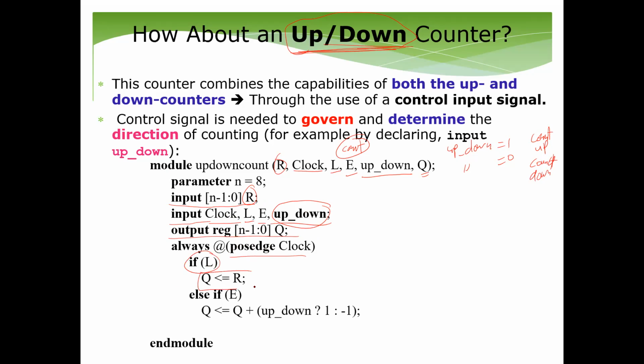If you're loading, Q is equal to R. Else if you are counting, if count is equal to 1 or if enable is equal to 1, what do you do? You need to check the value of up down. You can write Q takes on the value of Q plus, and then this will create a multiplexer controlled by up down.